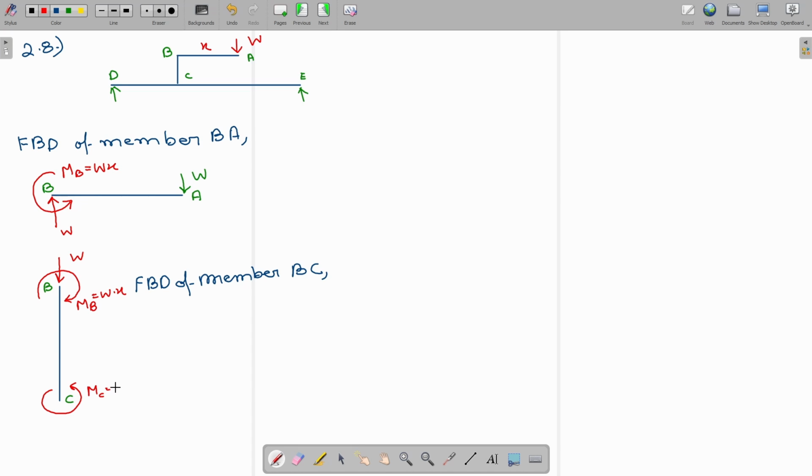MC is equal to MB. The magnitude is the same, but the direction is reversed.